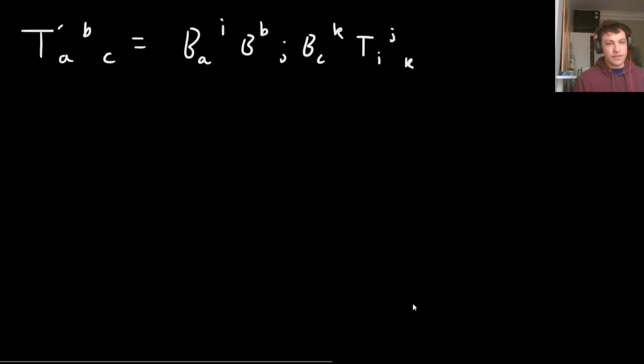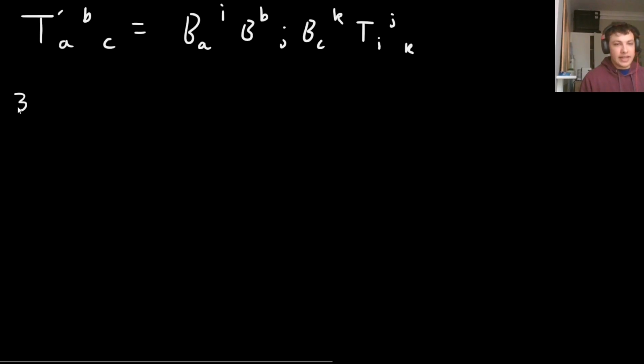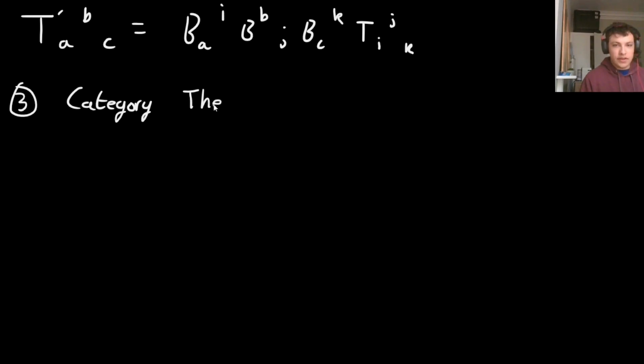Okay, so the last bit now, category theory or abstract nonsense. I'm not going to get into the depths of this. I'm not going to talk about adjunctions and what a natural isomorphism is and whatever, because that's for another video.